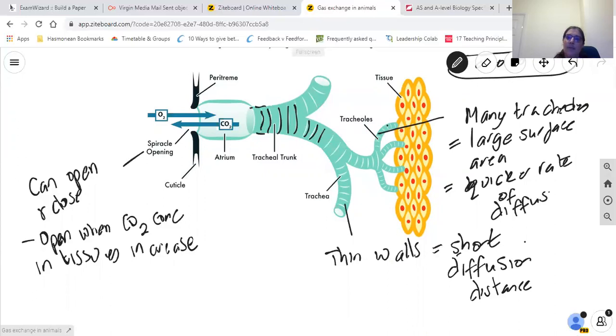You haven't got a blood supply in this case because they have an open system, but you do have ventilation to maintain the gradient.